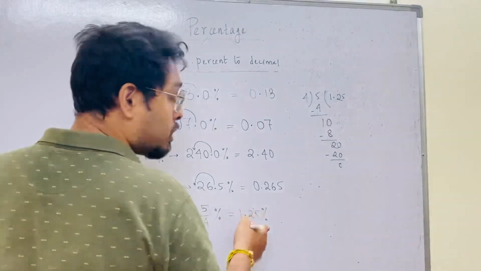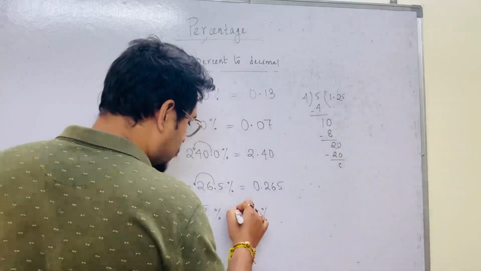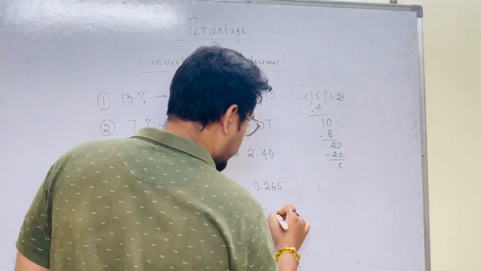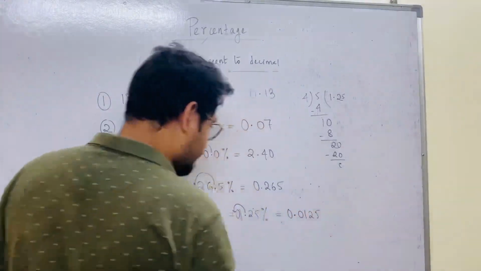Now again, 1.25% means the decimal point is currently after 1. If I want to convert it, I need to move it 2 digits to the left, which means I have to put a 0 over here. So the answer is going to be 0.0125.